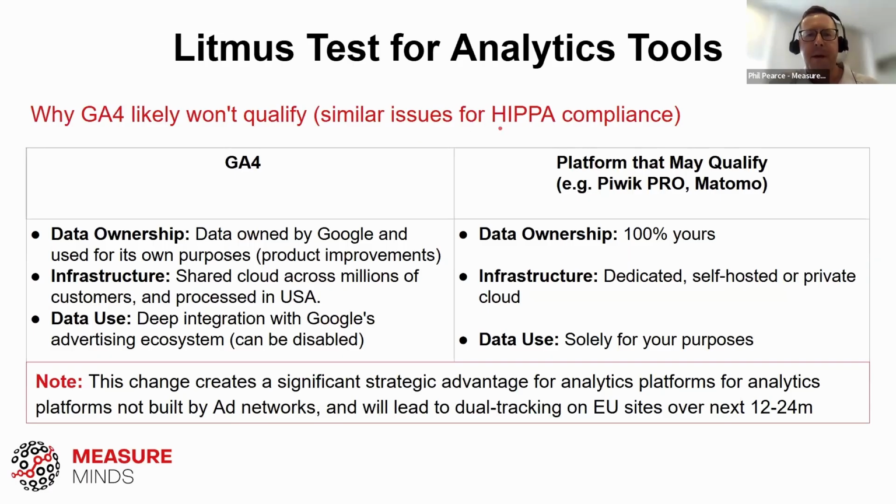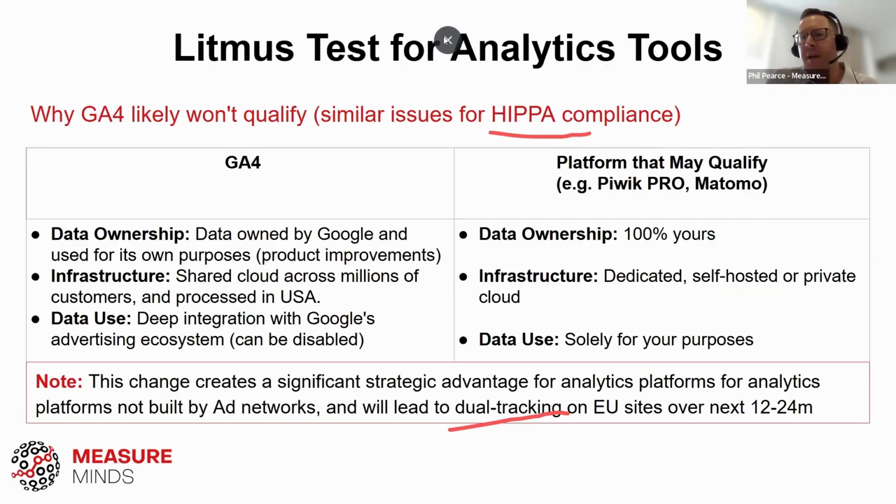And as I said, similar problems exist for HIPAA. So it may be that these proposals in 12 to 24 months may accelerate the usage of additional analytics tools and dual tracking. So people running GA4 and Piwik or similar, so that they have extra data for that 12-month lead time before there's a potential change.